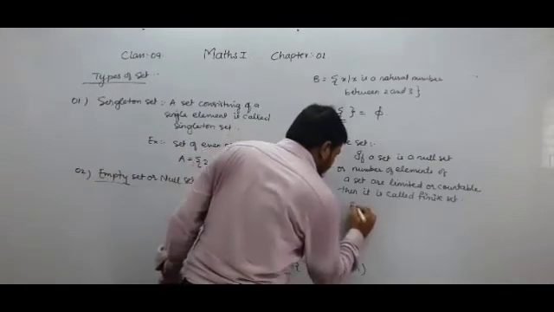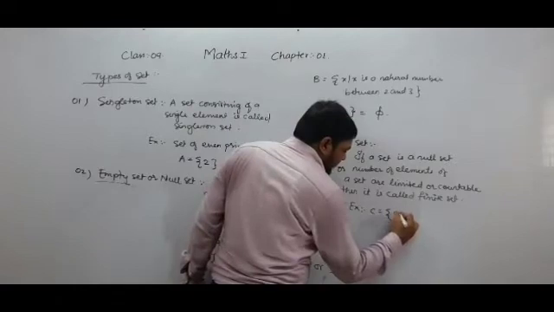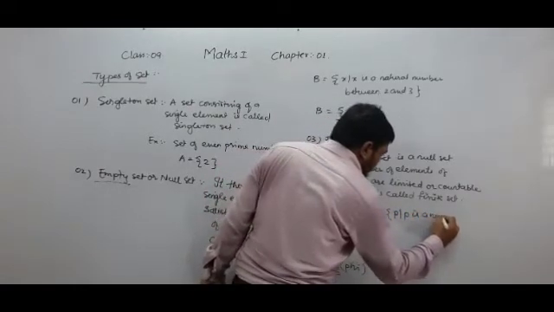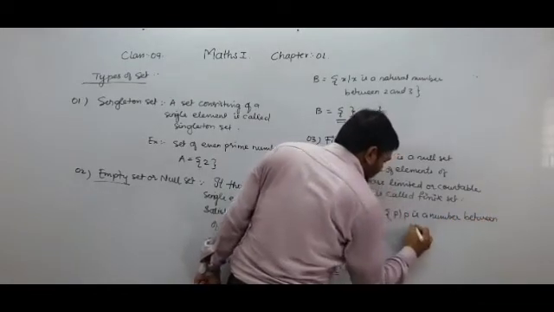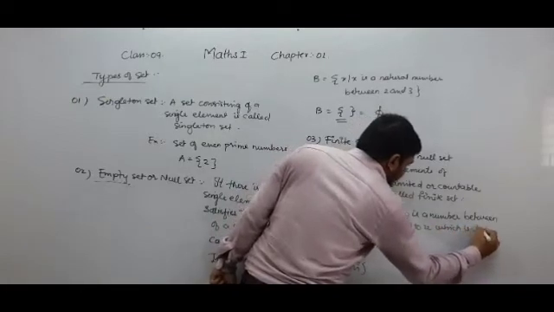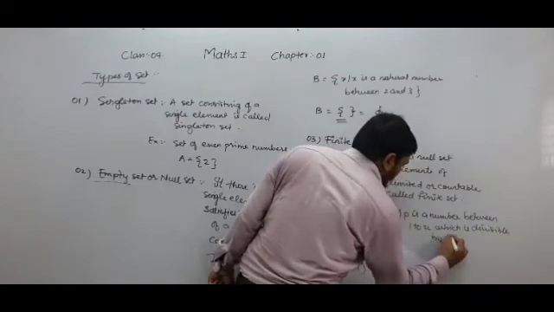So students, let us take an example. Consider C is a set of P such that P is a number between 1 to 22 which is divisible by 4.